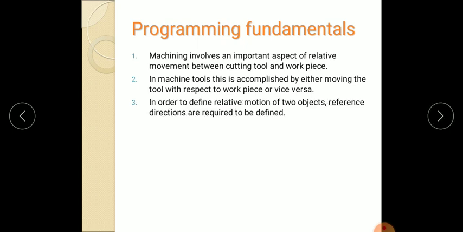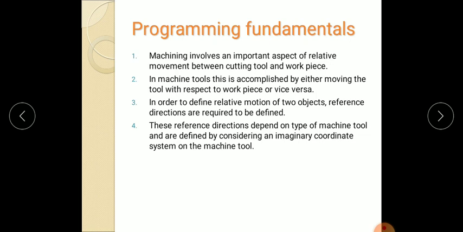In order to define relative motion of two objects, reference directions are required to be defined. So in order to move in any direction, two reference points play an important role. The two reference points are needed so that the tool moves in the respective directions.